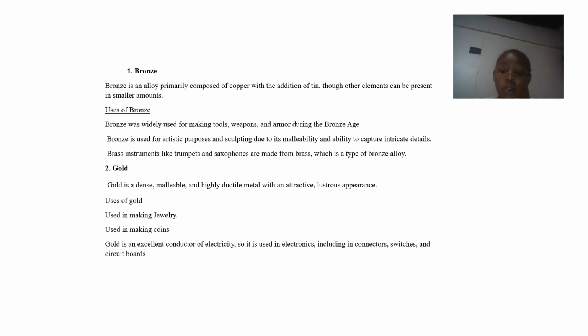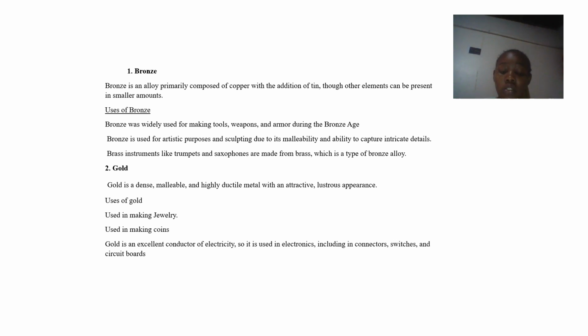Then we look at the second one, which is gold. Gold is a dense, malleable, and highly ductile metal with an attractive lustrous appearance. Then we look at the uses of gold, ways in which gold can be used. It is used in making jewelry such as earrings and rings.